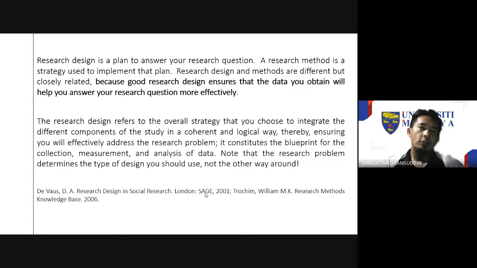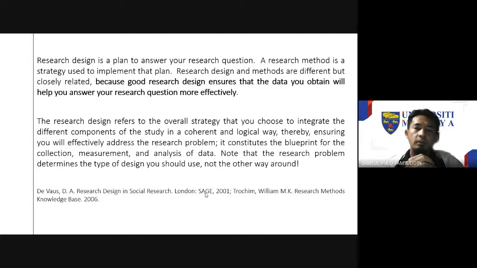So first of all, you have to be clear with your problem statement, your research problem, and then you have to construct your research question. This research problem and research question will lead you to what type of research design you want to apply in your research, especially for those doing a PhD or a master's by research.